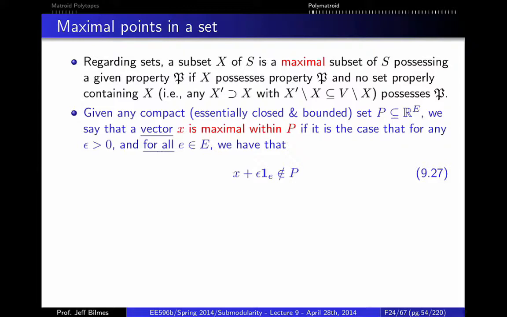So for any compact set, we can say that a vector itself is also maximal with property P, or namely membership in P, because anything with a property can be listed as a set of those things that have that property. So any particular P, which is a compact set, could be seen as the property set. And a vector X is maximal if, when you move even epsilon in the positive direction in any direction, you're no longer a member of P. So that's what this says. So this is maximal in P.